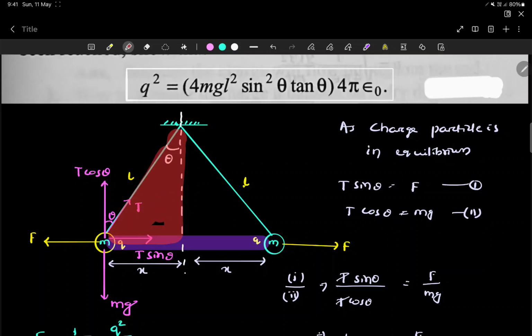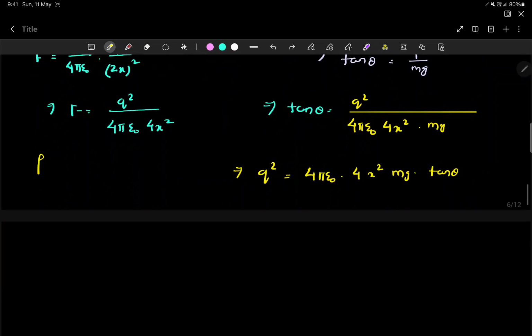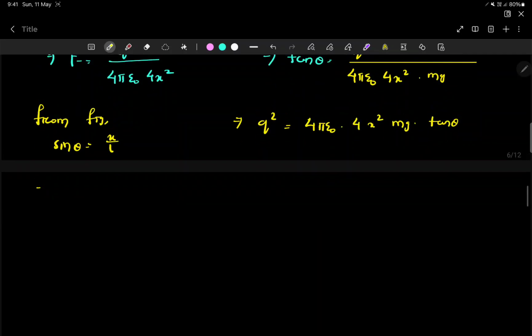What is the value of sin theta? Sin theta is perpendicular divided by hypotenuse, so sin theta is x divided by L. So x is equal to L sin theta, which implies x square is L square sin square theta.